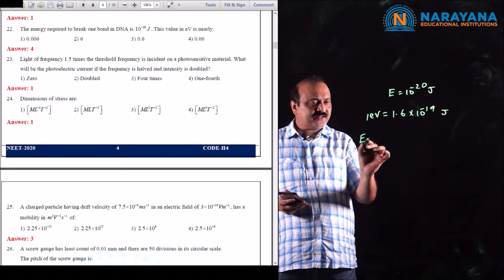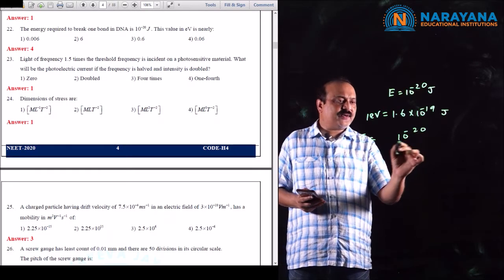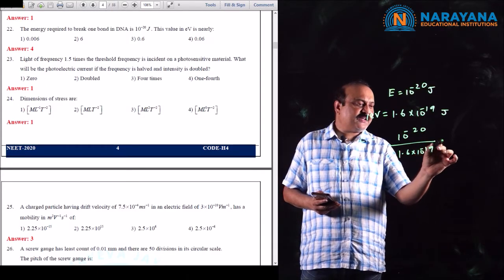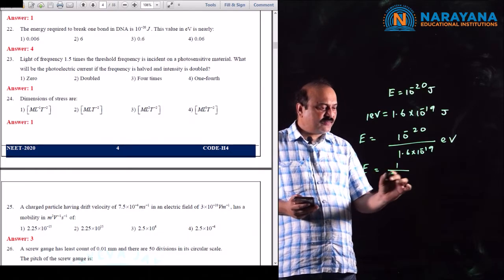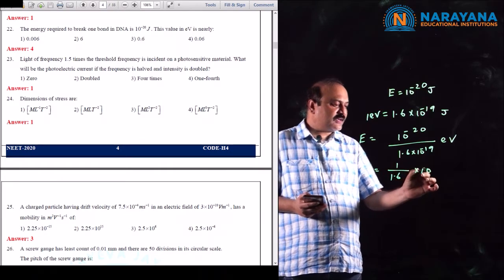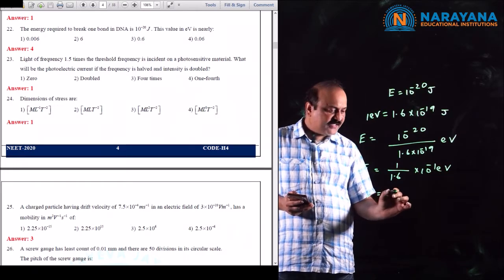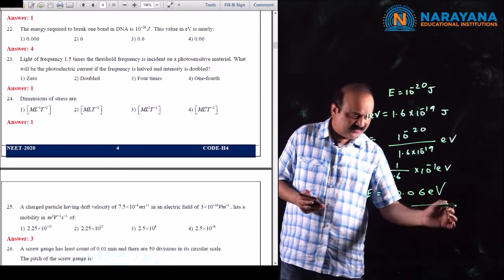Therefore, energy in electron volts can be written as 10 to the power of minus 20 by 1.6 into 10 to the power of minus 19 electron volts. This is equal to 1 by 1.6 into 10 to the power of minus 1 electron volts. This energy is nearly equal to 0.06 electron volts.